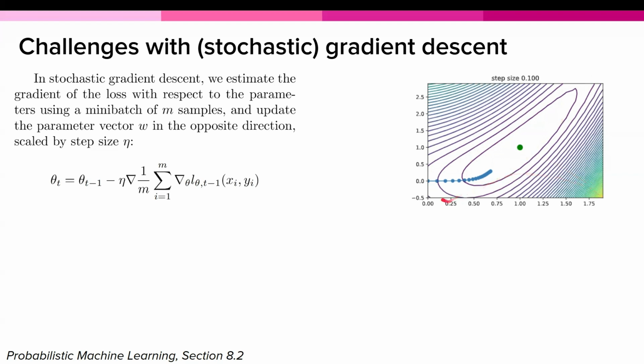If we use a small step size, for example 0.1, we're making a relatively smooth convergence as the algorithm moves down this valley towards the minimum. But because the step size is small, the progress is pretty slow, so it's going to take us a long time to get there. The path shows gradual descent along the valley, but it's going to take many, many steps to actually approach this minimum.